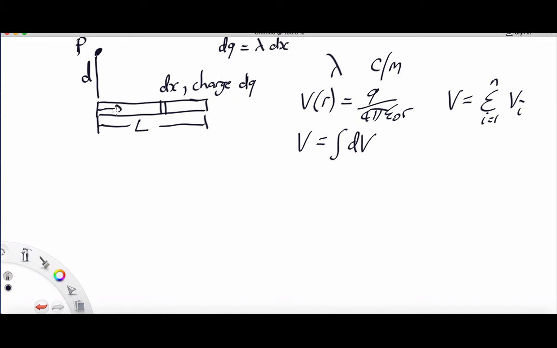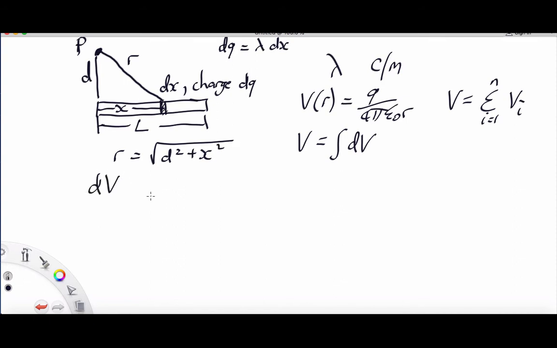So each little length will be a distance x away from one end, and it will be the length dx with a charge dq. And we are interested in adding up the potential due to each little bit of charge. Now the distance each one will be away we will call r, and r here will just be, from Pythagoras, the square root of d squared plus x squared.